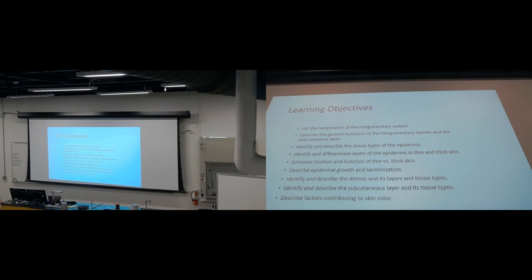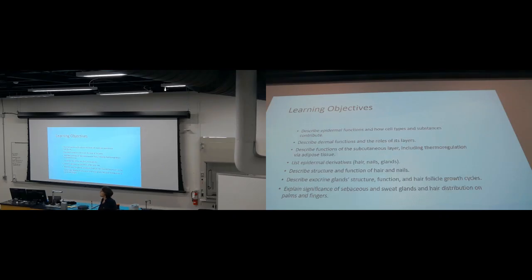And also we're going to see the specific details of the epidermis and the dermis, what types of skin we have. We're going to see as well what the factors are that contribute to skin color. And we're going to see, for instance, the classification of burns.